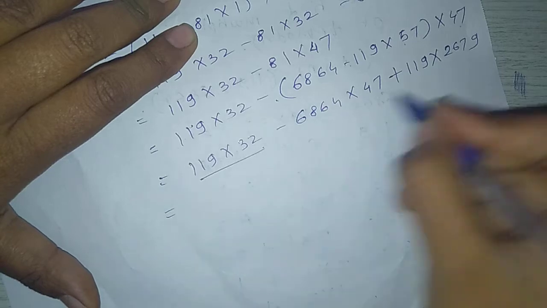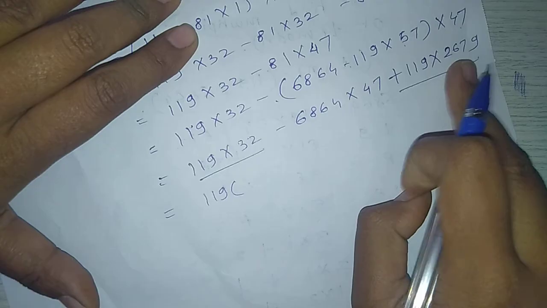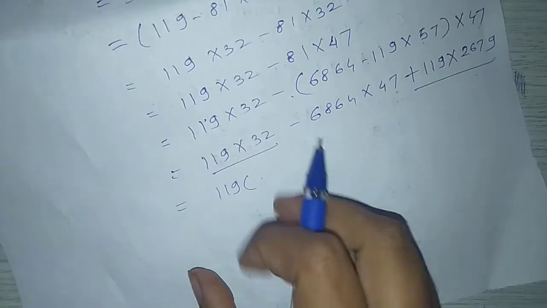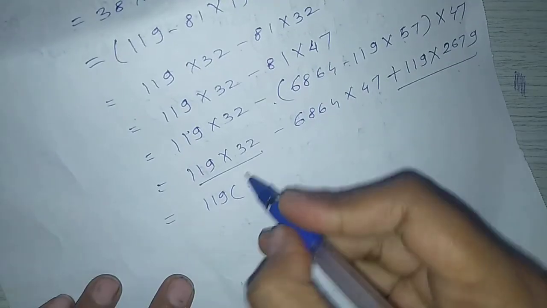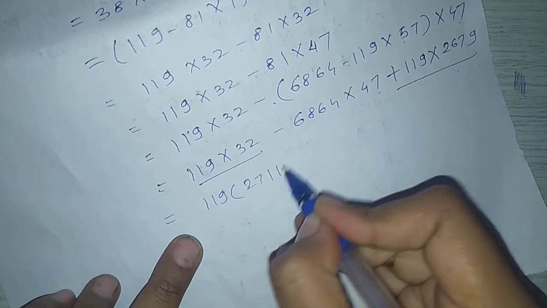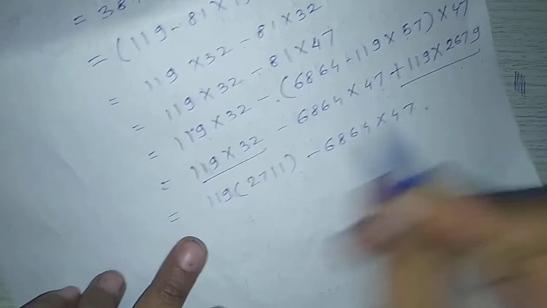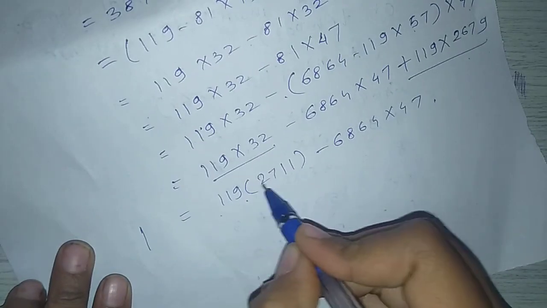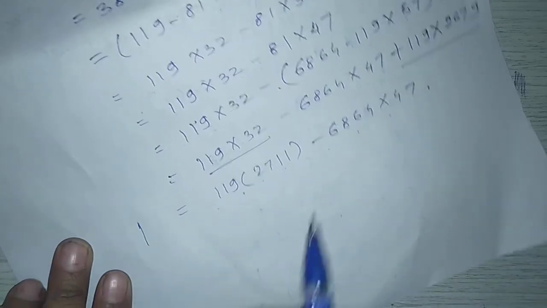Now take 119 common, remaining term is 32 plus 2679. We get 2711 minus 6864 into 47. So 1 equal to 119 into 2711 minus 6864 into 47.